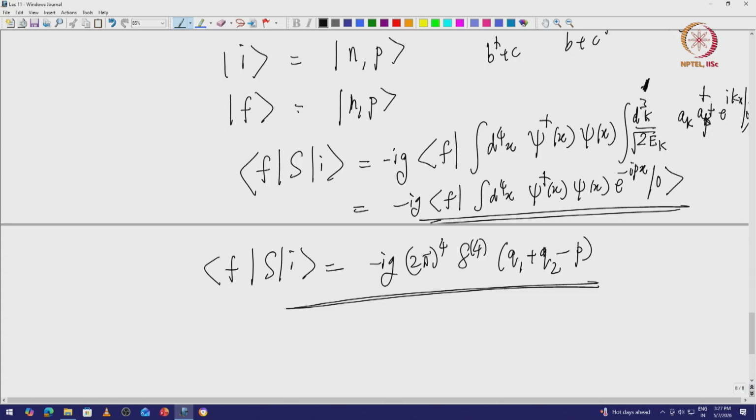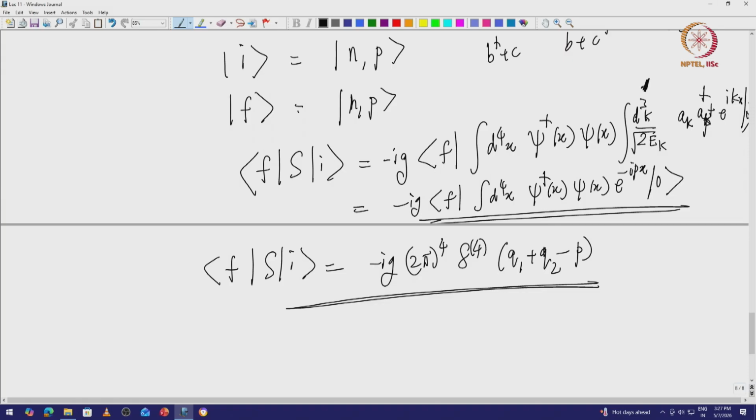On the other hand, it is also telling you that you will end up having something called propagators entering into the computation of this amplitude.